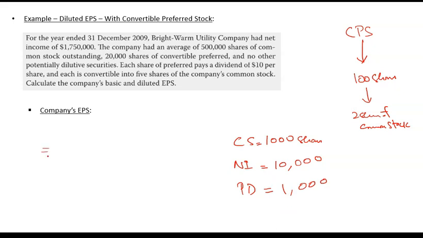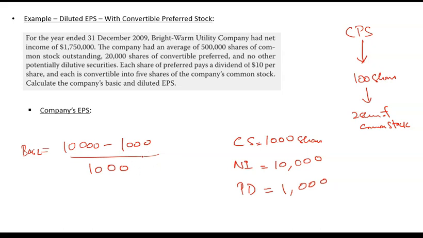So what will be my EPS? My simple basic EPS is net income minus preferred dividend divided by number of common shares. So my basic EPS will be net income, that is 10,000, minus preferred dividend 1,000 divided by common shares. This is my basic EPS, 9,000 divided by 1,000.